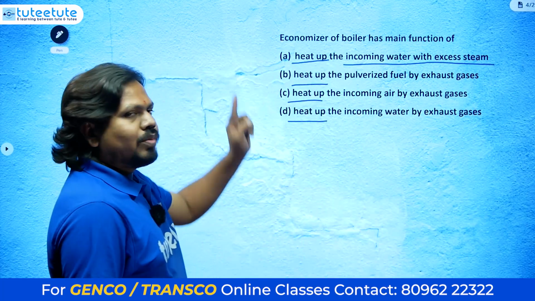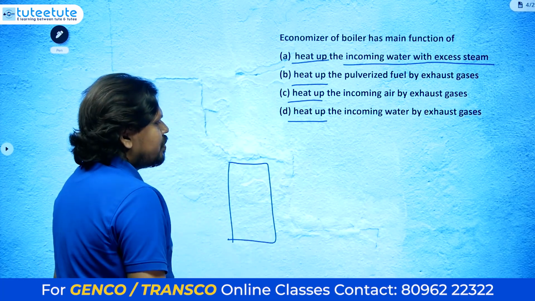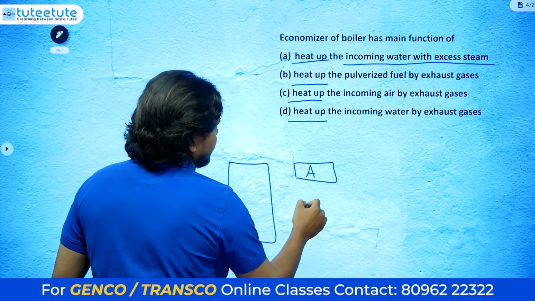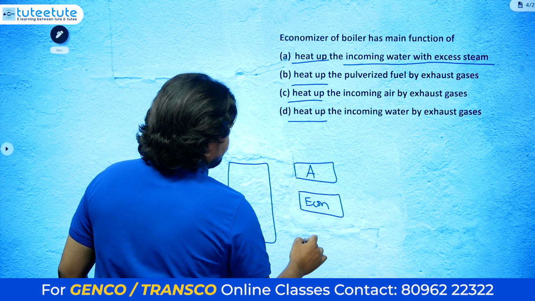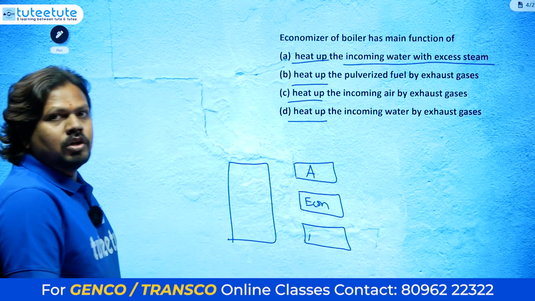Okay, in the economizer, what is happening? For the boiler, majorly three components are there. One is the air preheater, another one is the economizer, and another one is the superheater.